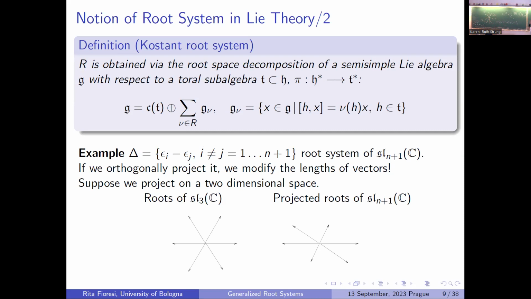So, when you draw the roots of this particular constant root system, you see that you don't get nice angles anymore, okay? So this is a root system of SL3, and this is the projected. So you are orthogonally projecting roots from H star to T star.